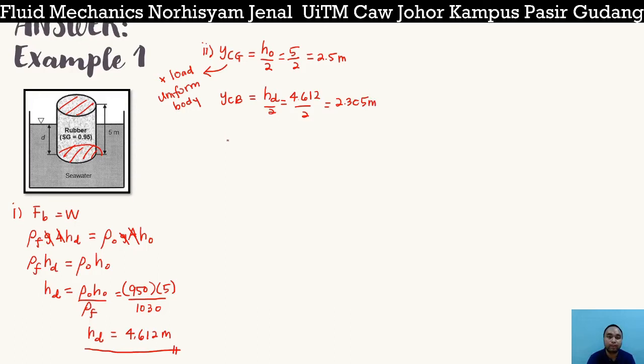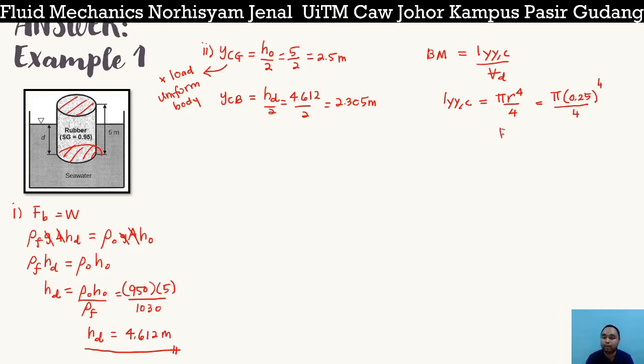Right, next we have to find out what is your BM. So the BM for this question is equal to second moment of inertia in a YY plane divided by volume of displacement. So we do one by one. For IYYC, it is equal to pi R to the power of 4 over 4, because the surface area over here is a circle, so it is equal to pi multiplied by 0.25, this is the radius, to the power of 4, divided by 4.